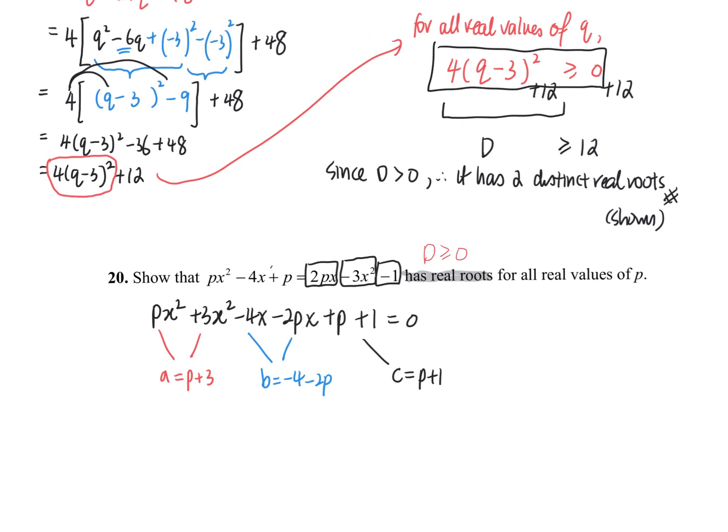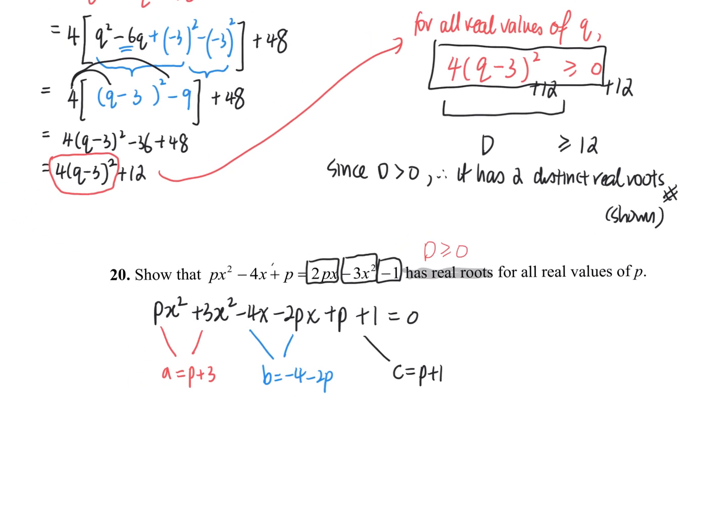Okay? Then next step, I want to show that my roots are real. I need to link back to the discriminant. So the discriminant is b squared minus 4ac. Okay, the rest is just algebraic expansion.